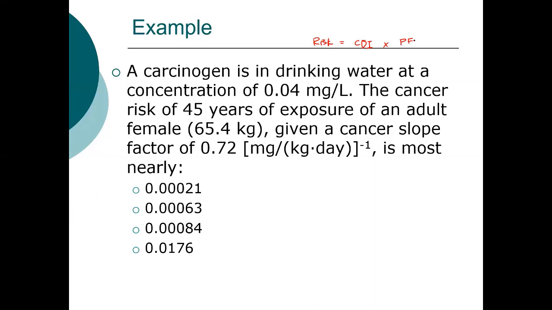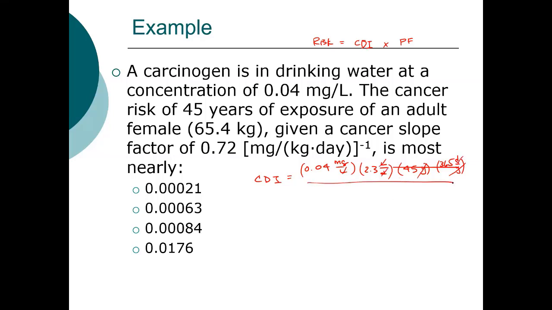So to calculate this here, your chronic daily intake is equal to 0.04 milligrams per liter. So drinking water, average is 2.3 liters per day. We're told in this case that it's 45 years of exposure, 365 days per year. So years cancel, days cancel, liters cancel.